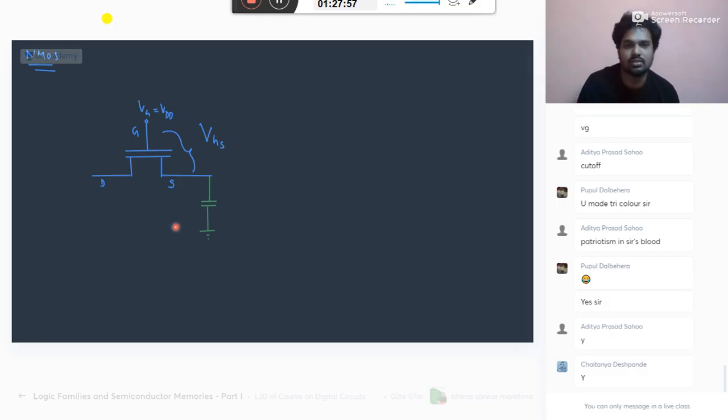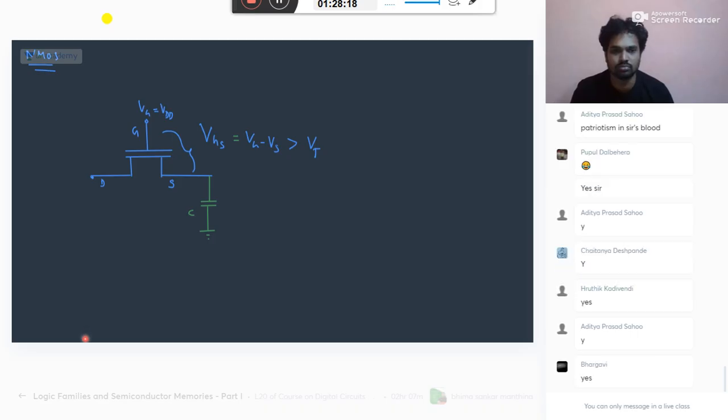What is VGS? It is Vg minus Vs. It should be greater than Vt. Okay. This is the required condition for the transistor to be on. Everybody up to this clear or not? Okay.